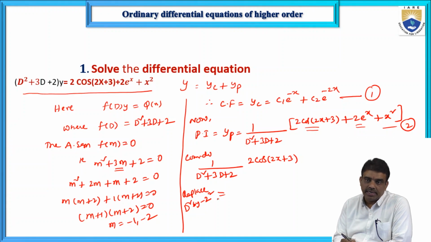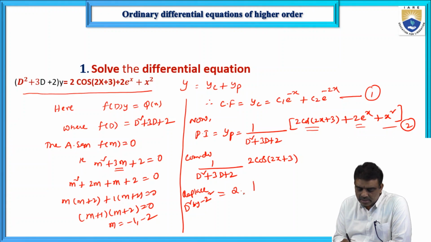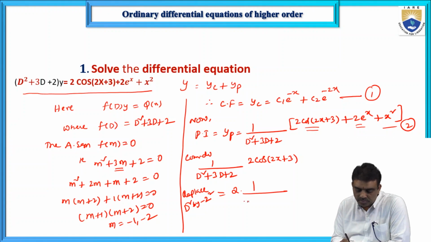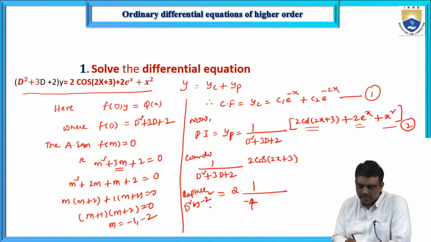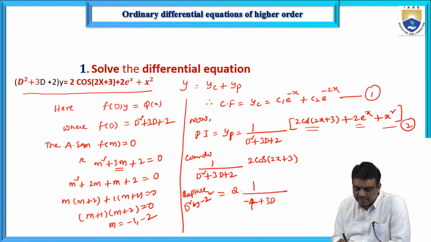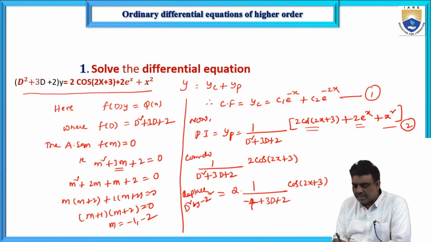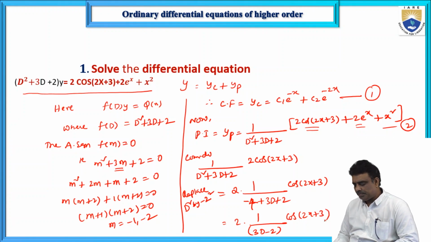Not minus 2 whole square, it is minus 2 square. Then the constant 2 I can write outside. In D² I replace -4, giving 1/(3D - 2) of cos(2x + 3) in the denominator.